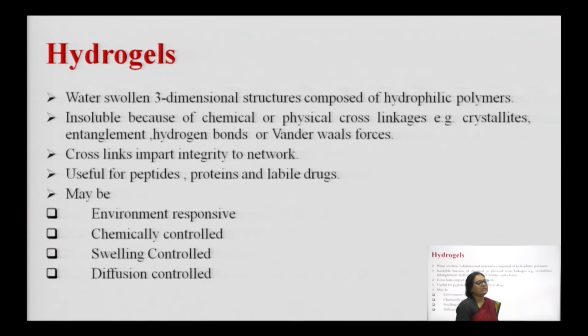So, they are extensively used for delivery of peptides, proteins and labile drugs, and these hydrogels may be of 4 different types. First one, environmental responsive hydrogels. They are also called as stimuli responsive hydrogels.